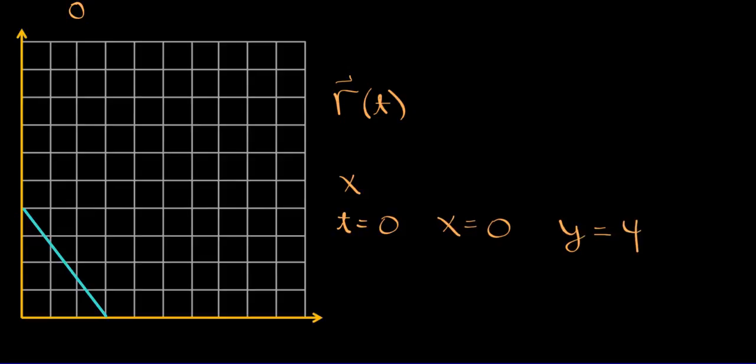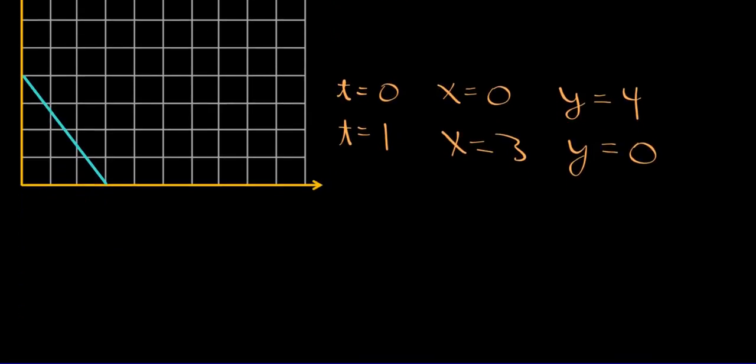Now, when t is equal to 1, I want x to be 3 and y to be 0. That's what I want. Now, I don't have to do it this way. I'm having the line traced out from left to right. I could have it traced from right to left. It doesn't matter, because what we're going to do is not dependent upon that.